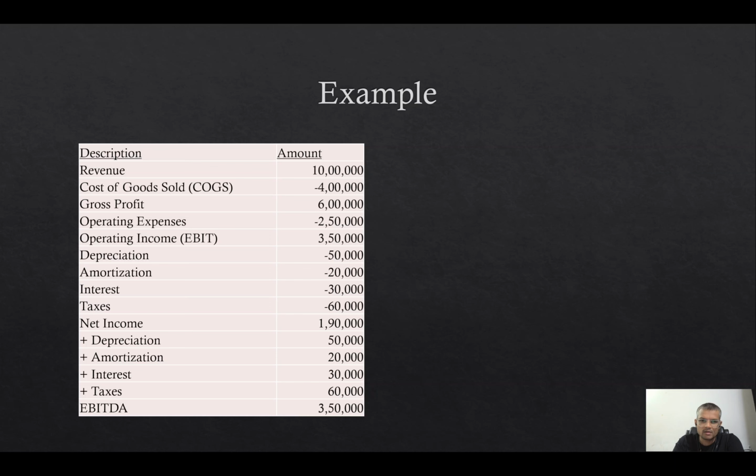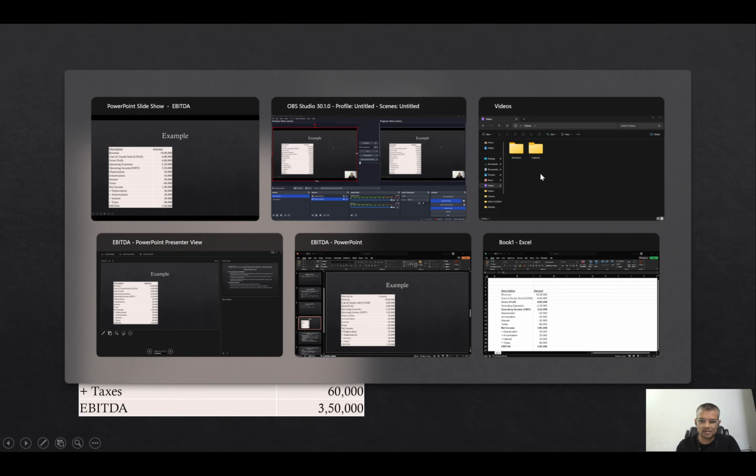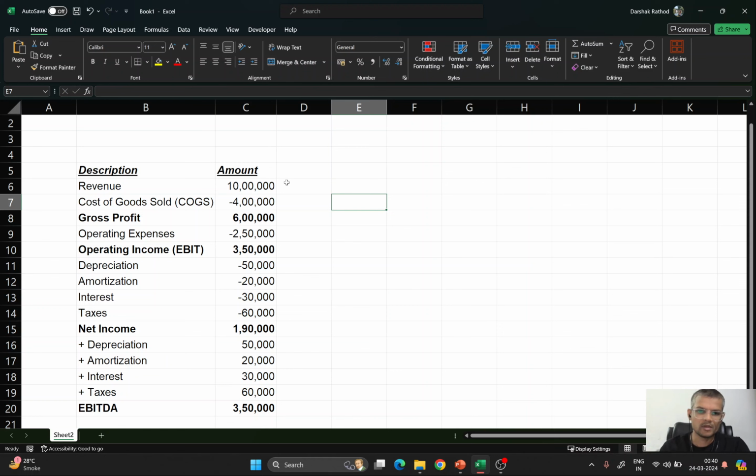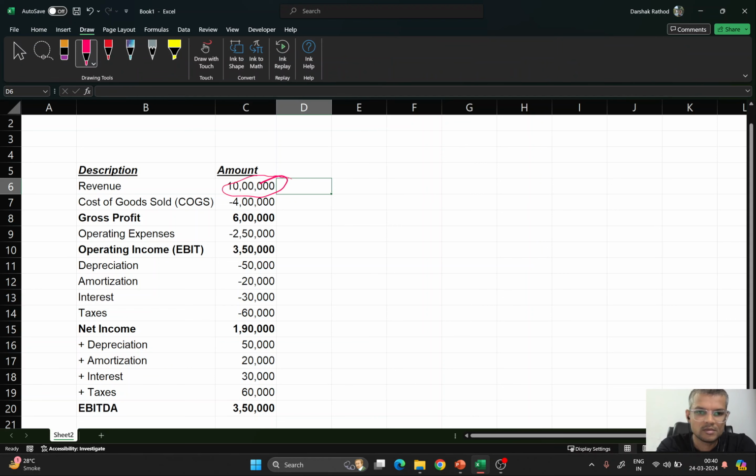Let's understand these things with one example so that we can get a better idea. Let me open this in Excel. Yeah, here we go. So this is our revenue.